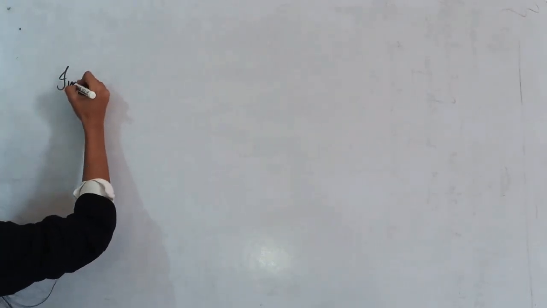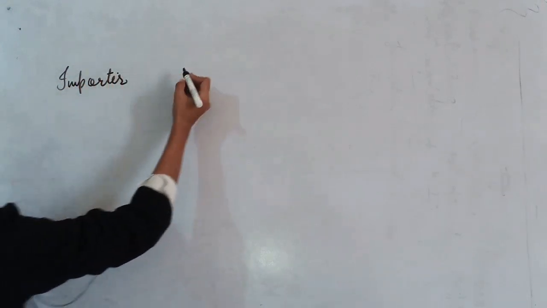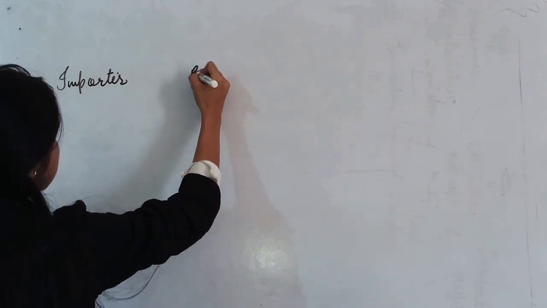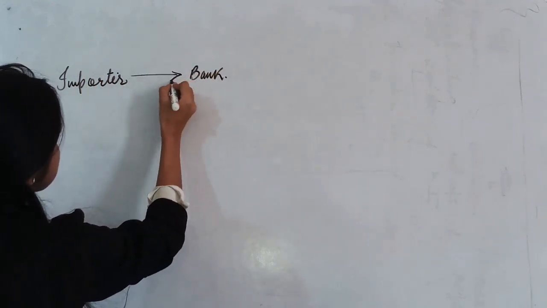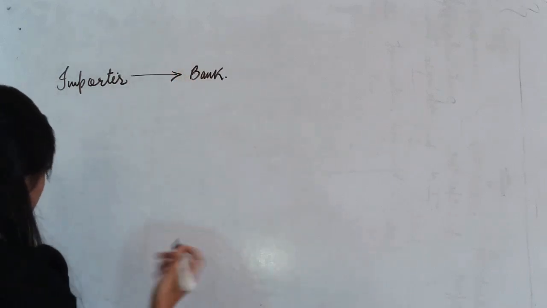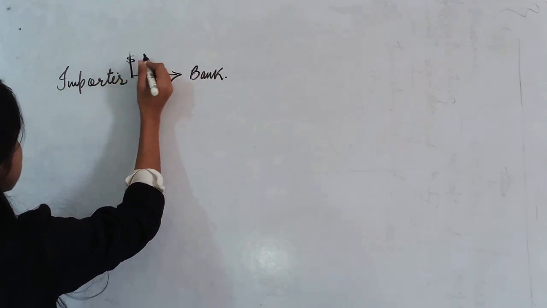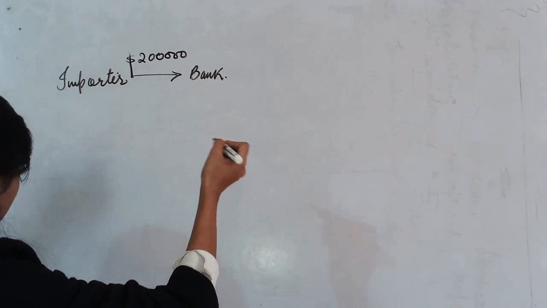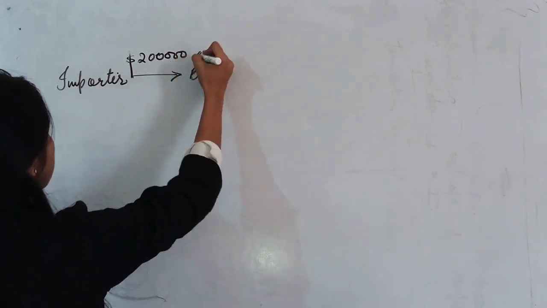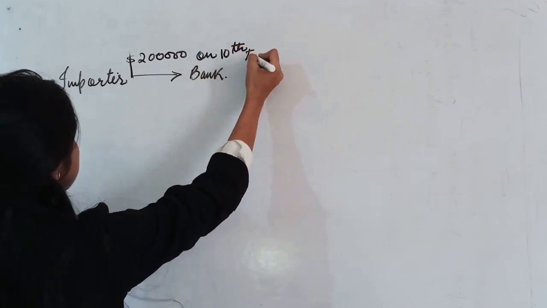So here is an importer, then here is a bank. The importer went to the bank on 10th of April and booked a forward contract for $2 lakhs, which he wants on 10th of June.